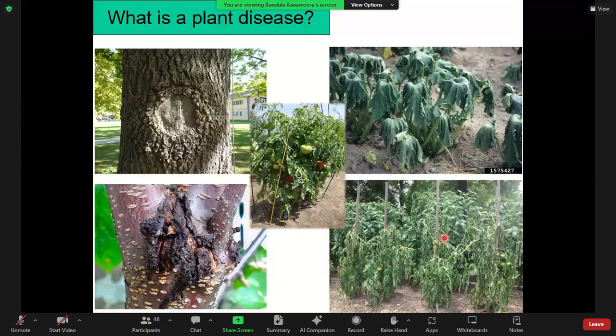It has interfered with normal functions and deviated from normal functioning. And it is not a temporary deviation. It is a deviation for a certain period of time, so that the outcome, yield, is affected. Economically, it is affected. So that is about the plant disease.